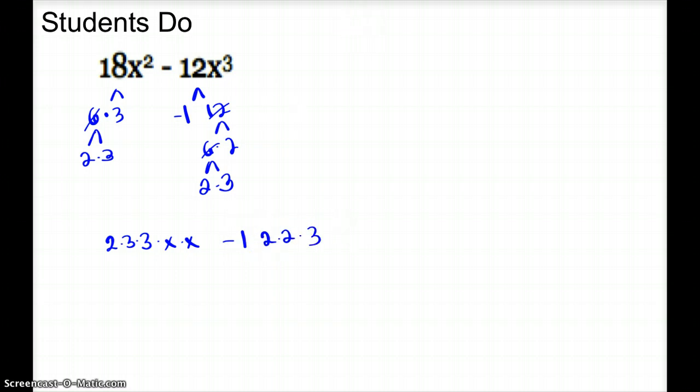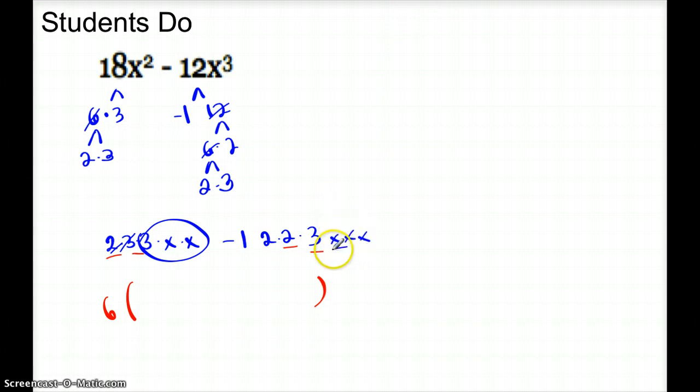Now, what do they have in common? They both have a 2. They both have a 3. And I think that's it. So I'll take 2 times 3 on the outside, which is 6. And then the leftovers remain, so 2 and a 3, 3x squared. Oh, wait, I missed something. This one has 3 x's, 1, 2, 3.